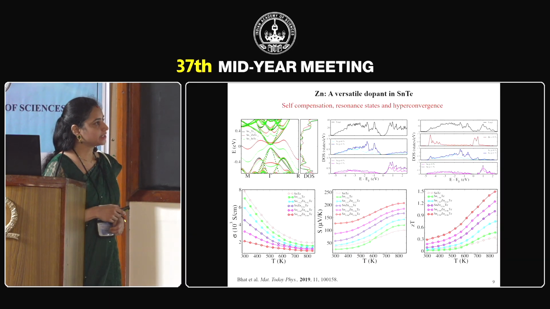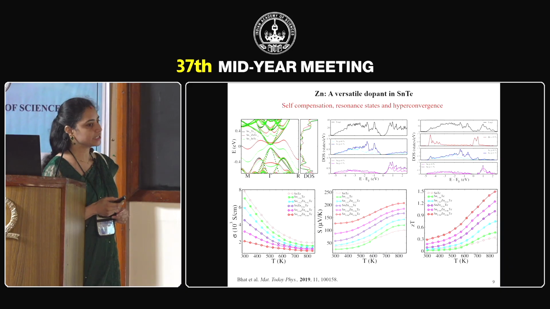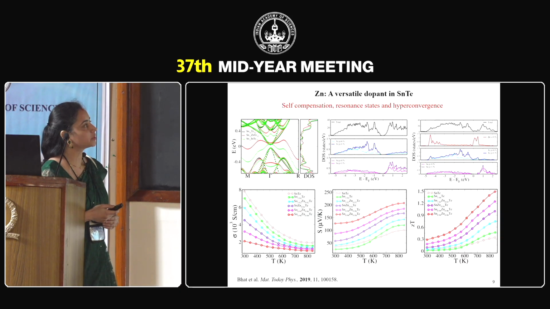So I said indium is a very good resonant dopant, but the problem with indium was when you increase the concentration of indium, the electrical conductivity drastically decreases, and hence we were trying to find some other kind of resonant dopants. So the electronic structure of zinc doped SnTe showed promising features.